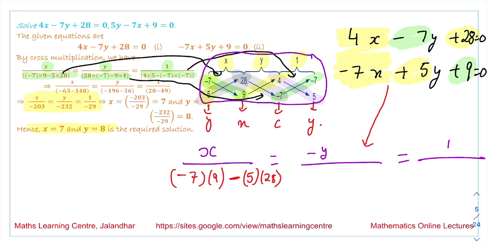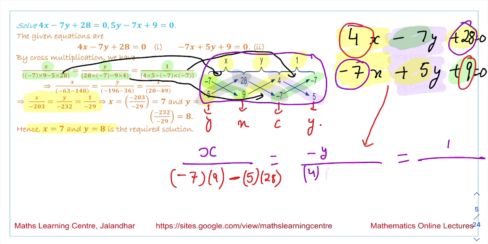Next, under y, when we have to write, we are leaving these two terms. What we are left with is 4 into 9 minus minus 7 into 28. We get this value.